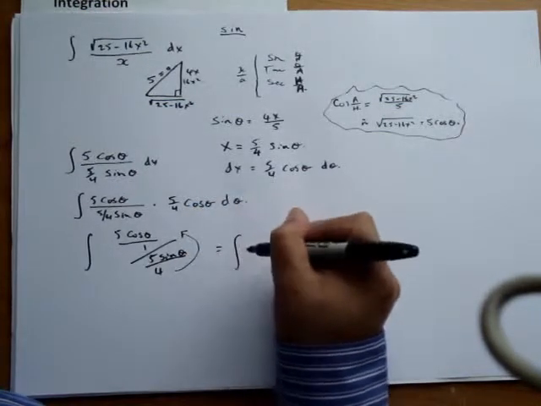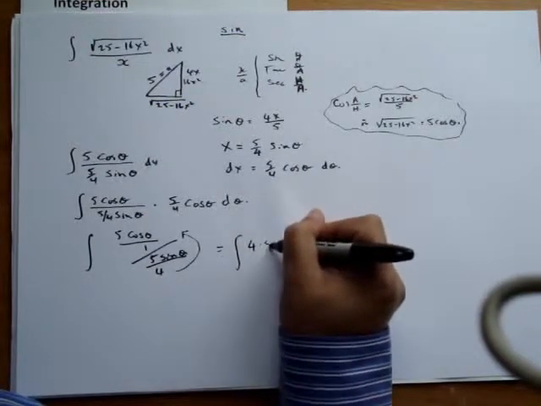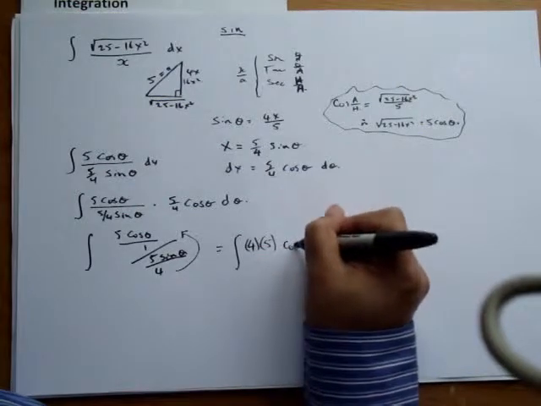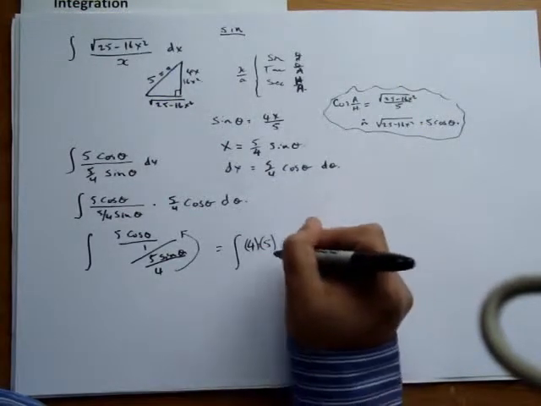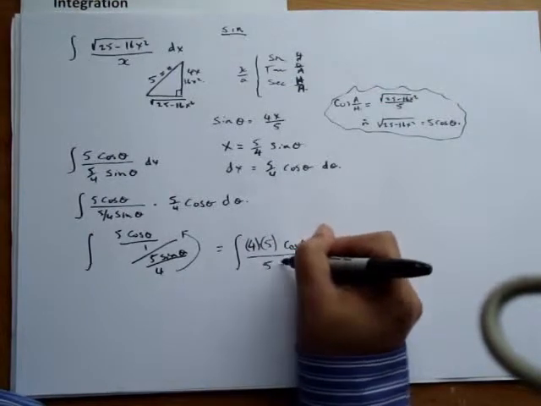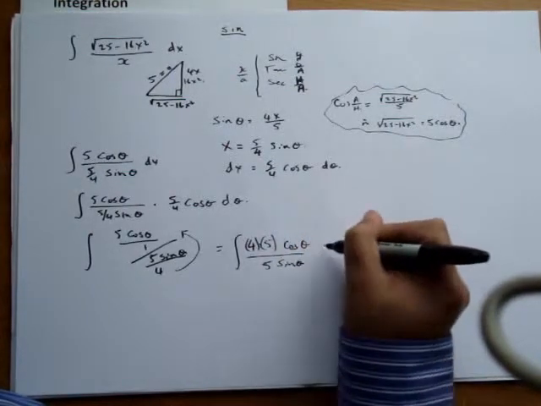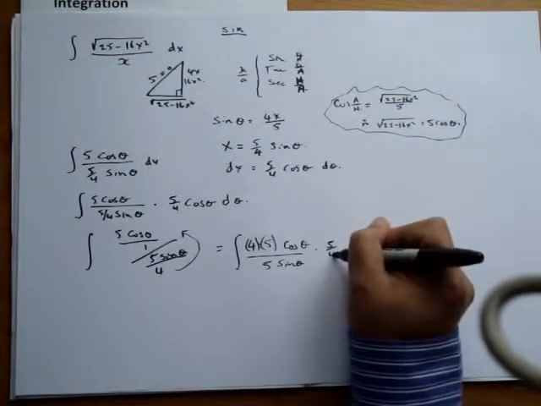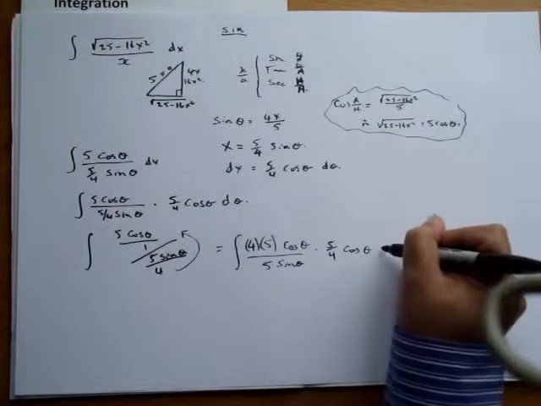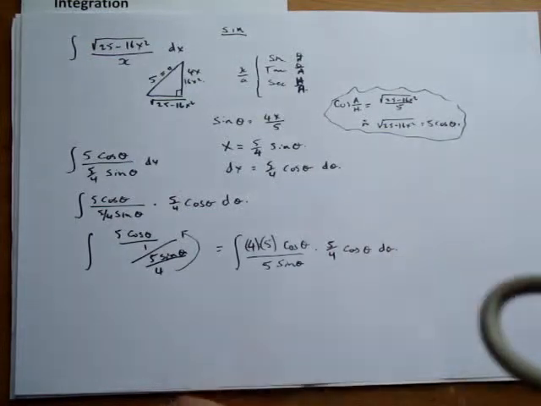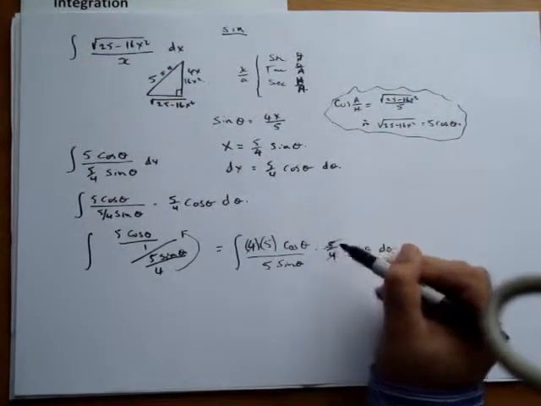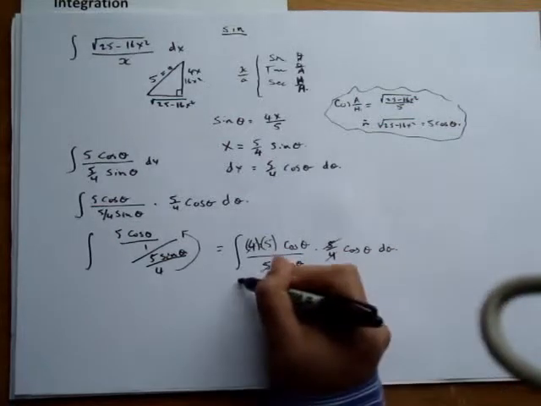This equals the integral of 4 times 5 cos theta over 5 sine theta, multiplied by 5 over 4 cos theta d theta. We can get rid of the 4s there, cross those out and cancel out the 5s.